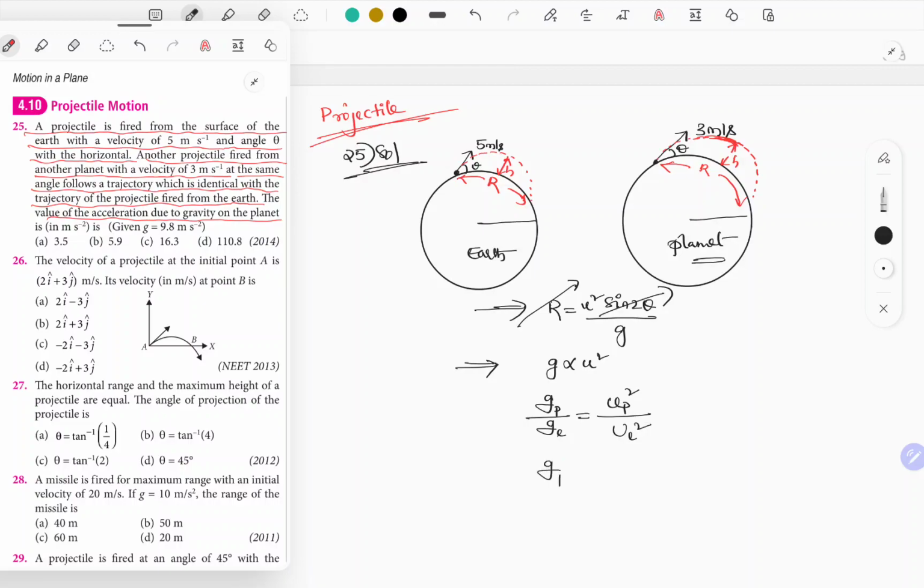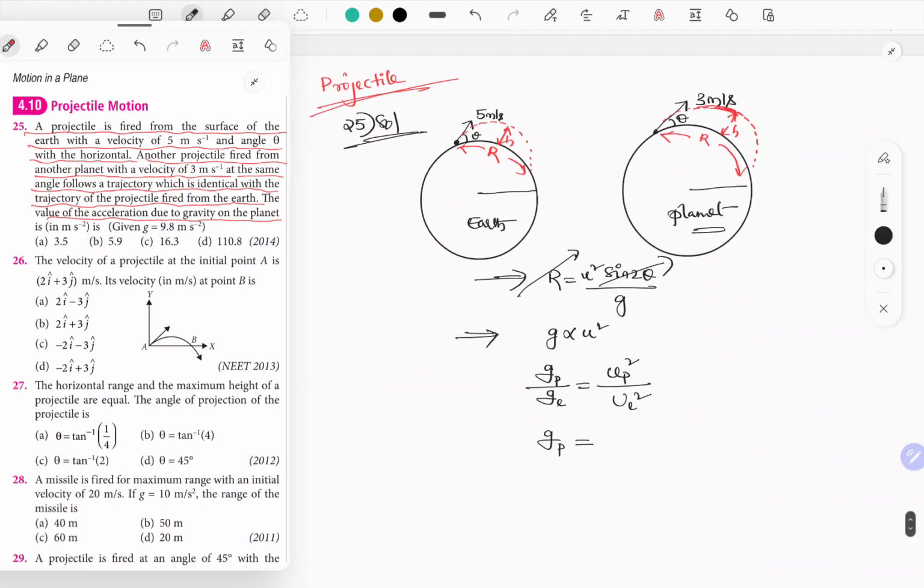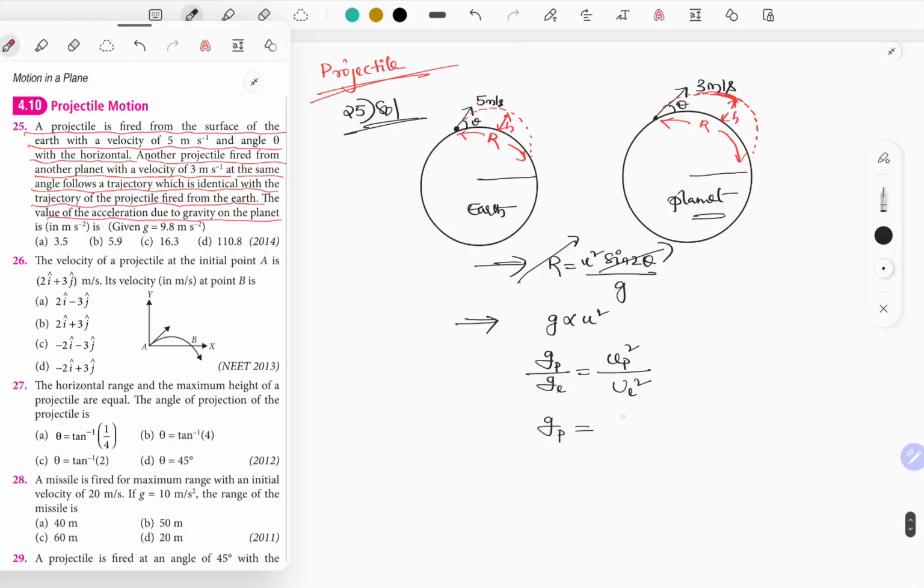So acceleration due to gravity on the planet is equal to velocity on the planet square, 3 square, which is 9, divided by u earth square, which is 25, into g value, approximately 10. Actually in the question they have given g is equal to 9.8 meter per second square, but I have approximated it to 10. Did I increase or decrease the value of acceleration due to gravity?